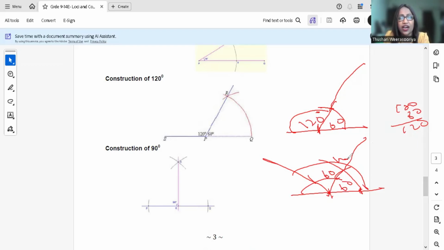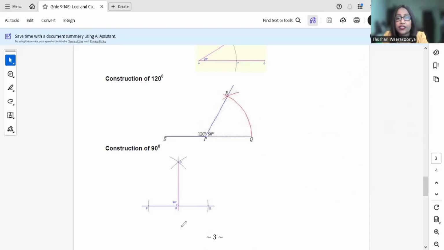Now we'll see how to construct 90 degrees. Do you know how to construct 180 degrees? Just draw a straight line using the ruler. Look at this.